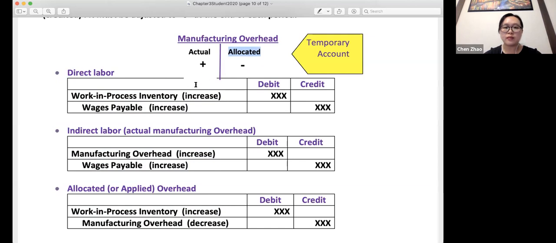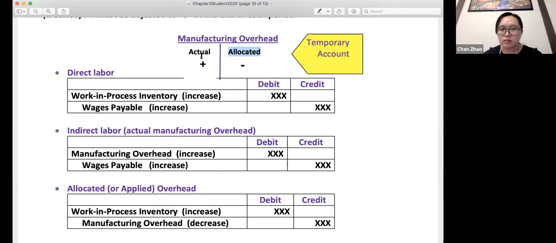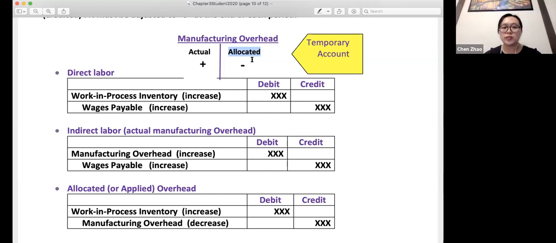What does that mean? Does that mean it's underallocated? Yes, correct. So that means our actual is greater than allocated, or say our allocated is less than actual. That means we are under allocating, correct?